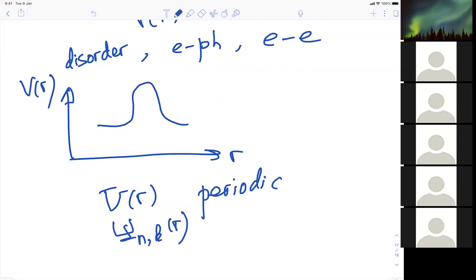Now imagine that on top of this periodic potential there is an extra potential V of R, which is not periodic. It may come as a result of a dislocation of an atom or a charged impurity. There are many realizations in experiment that create such an additional potential in the lattice, but this is a violation of the crystal periodicity in some way or another. So we will consider this potential a static disorder or an impurity.